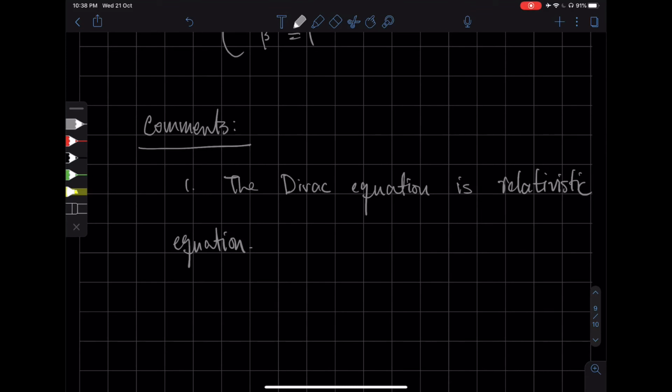It involves a new kind of objects which are called spinors, and spinors are needed to describe fermions. So when we discuss spinors and fermions later in the course, we shall explicitly show the relativistic invariance of the Dirac equation.